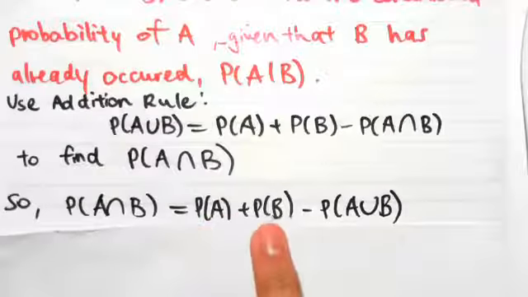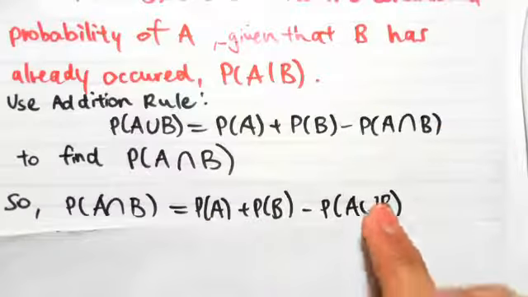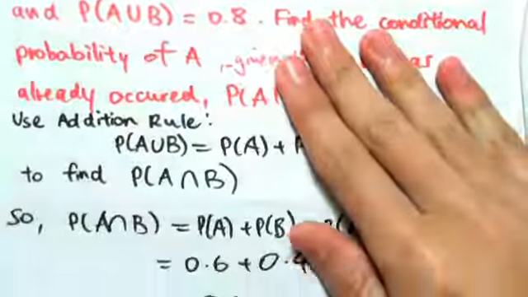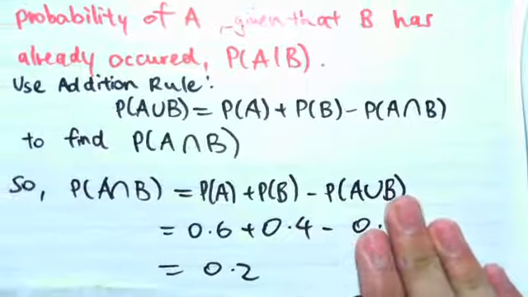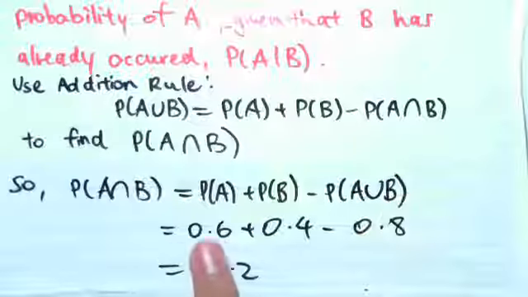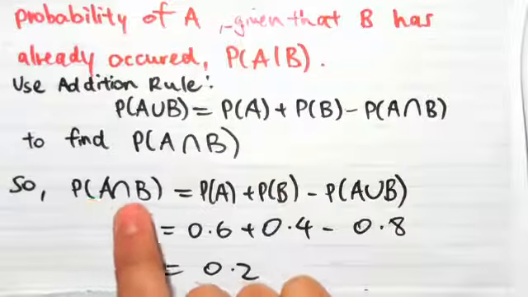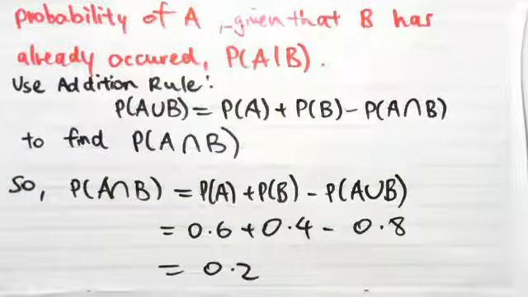The probability of A and the probability of B and the probability of A union B are already given in the question. So all we need to do now is just sub in the numbers into the formula. That's equal to 0.6 plus 0.4 minus 0.8. So therefore the probability of A intersection B is equal to 0.2.